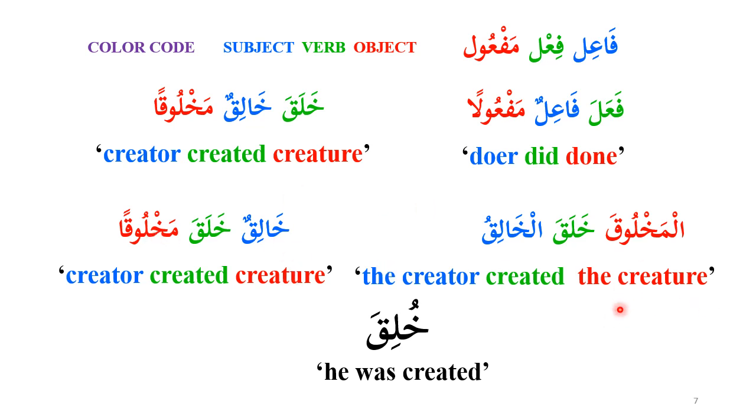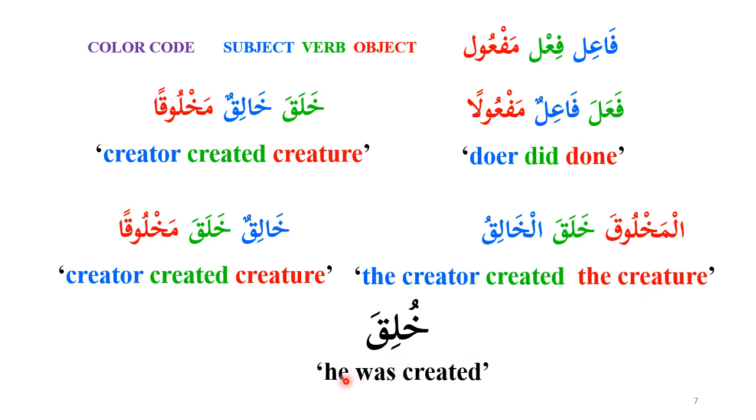So you can change the order, like you can say makhluqan khalaka khaliqun, meaning the creator created the creature. It doesn't mean that the creature was created by the creator. As I said before, that would mean khuliqa.